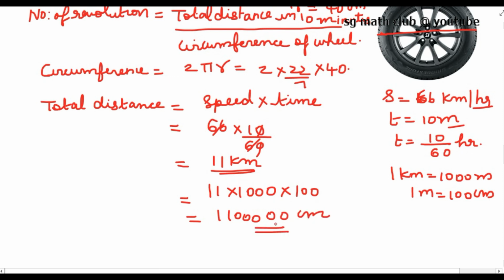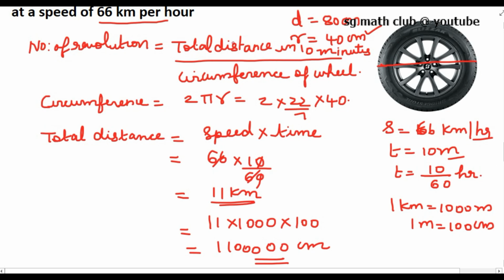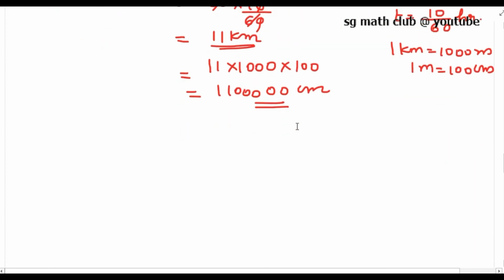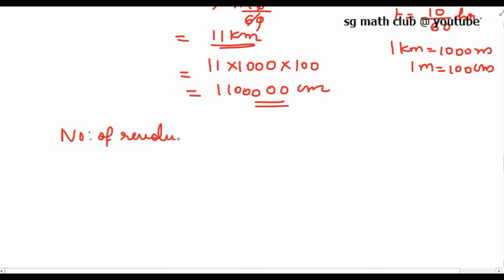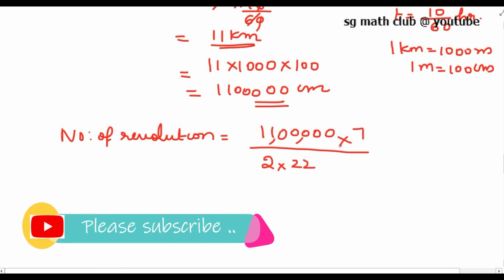Now we can substitute. Number of revolutions is equal to the total distance in 10 minutes divided by the circumference of the wheel, so divided by 2 into 22 by 7 into 40. So the total distance travelled is this much, 11 lakh, divided by 2 into 22 by 7, that 7 will go in the numerator, and the radius is 40.